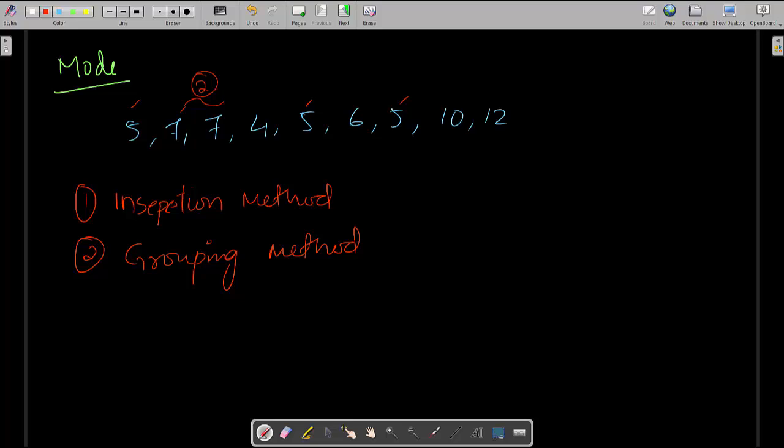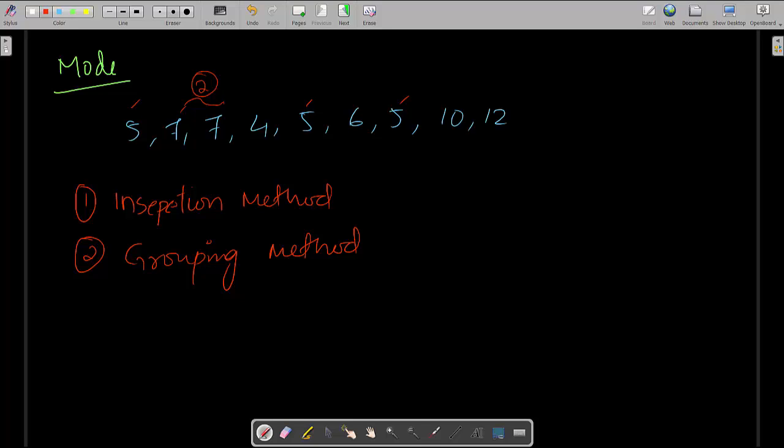However, this is an individual series. In other series like discrete series and continuous series, you will be given a frequency there. So you can check out the highest frequency, and then you can calculate mode from there.